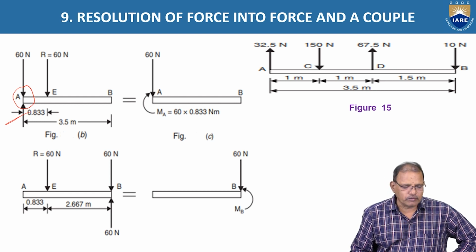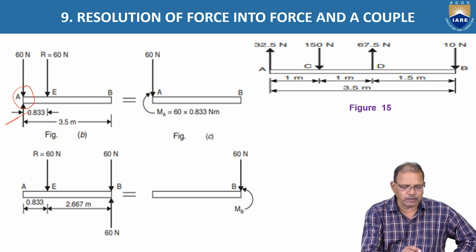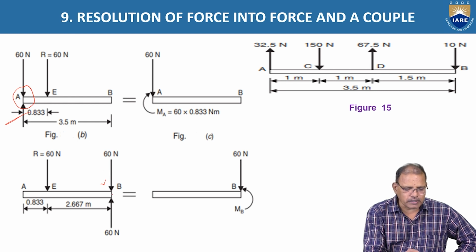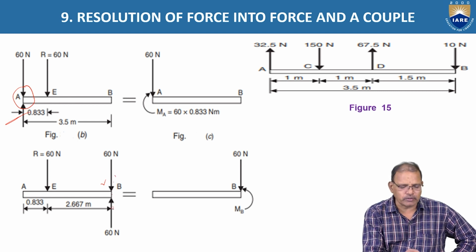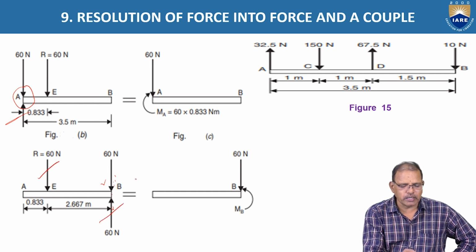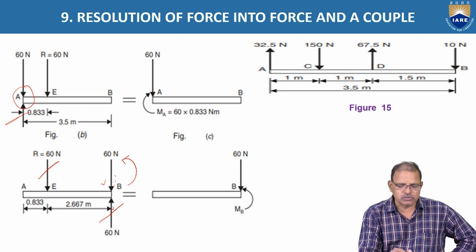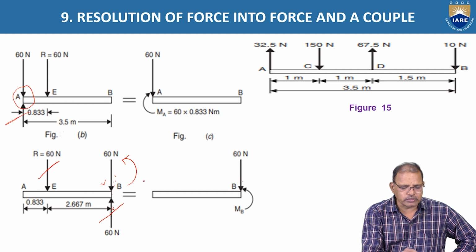Similarly, when the resultant force is shifted to point B, it can be obtained here at B. Both the forces have the same magnitude and direction, so we keep it at point B. But these two forces tend to rotate the body in anticlockwise direction. So 60 newtons is acting.